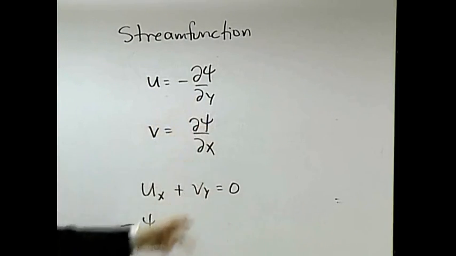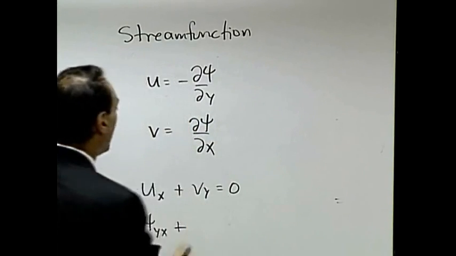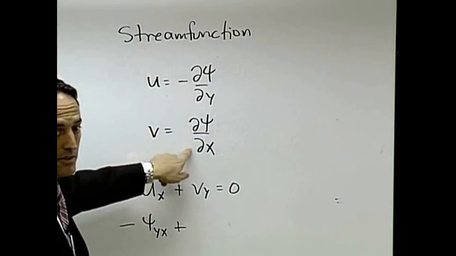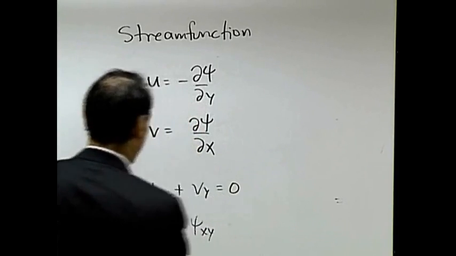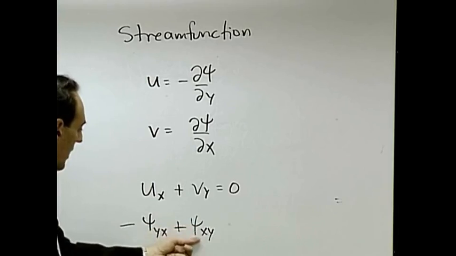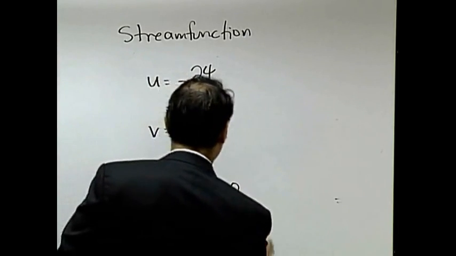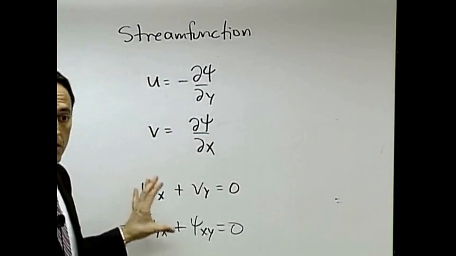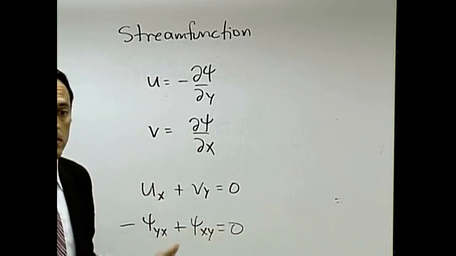I just take the x derivative of both sides, I get that, plus v_y, take the y derivative of this. And by the way, we know that partial differentiation can be interchanged. So I have phi_xy minus phi_xy. So this is 0. In other words, the incompressibility condition is automatically satisfied by the stream function.